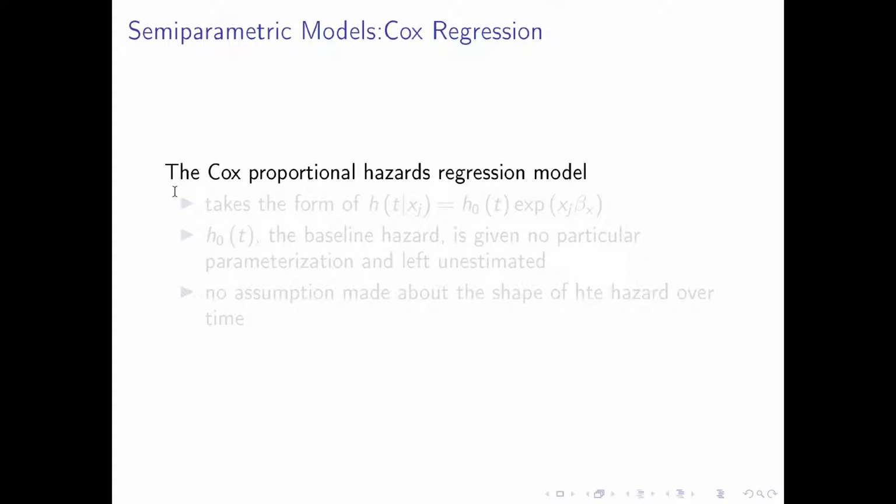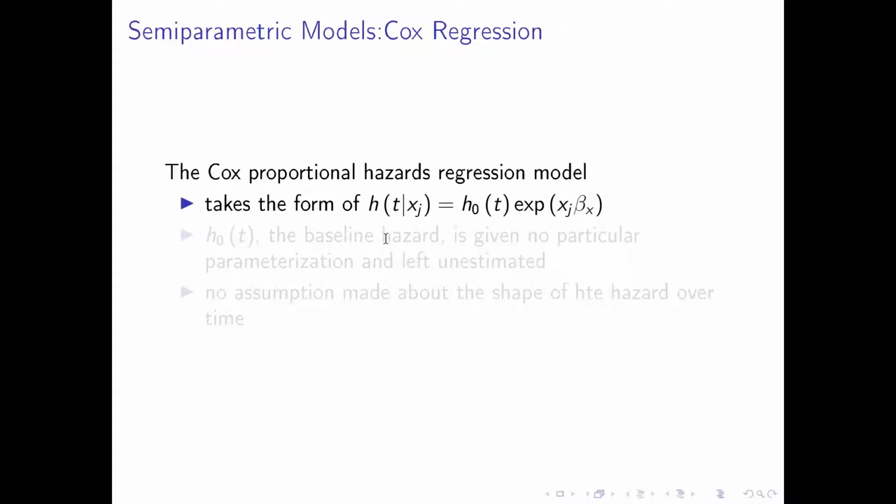The Cox PH regression model takes the form of a lowercase h of t given covariates. Here, h is the hazard function again, and this hazard function can be decomposed into two components.